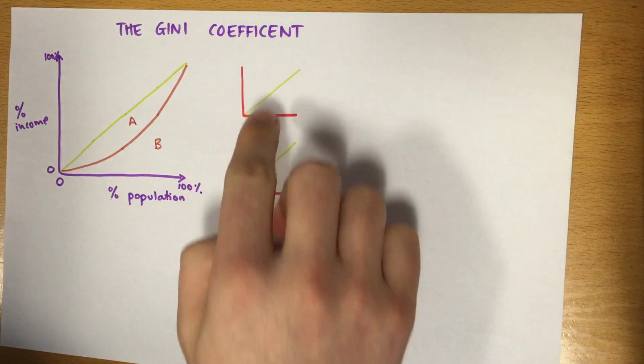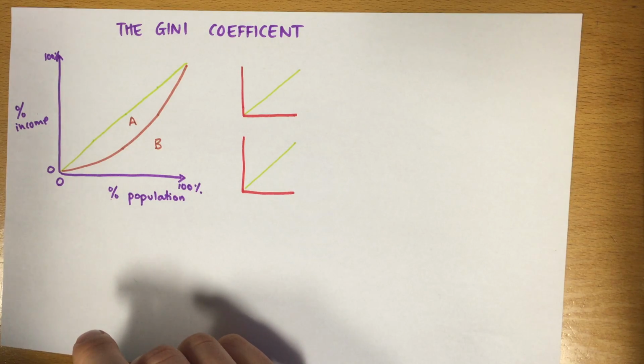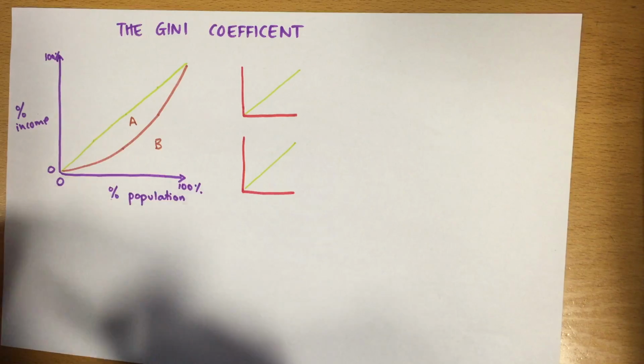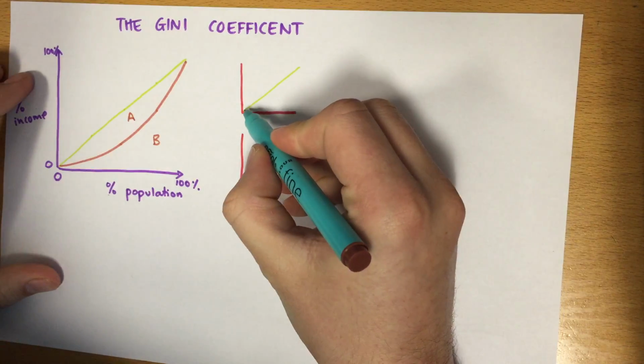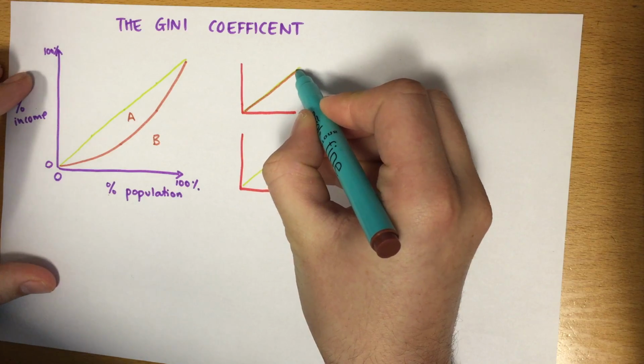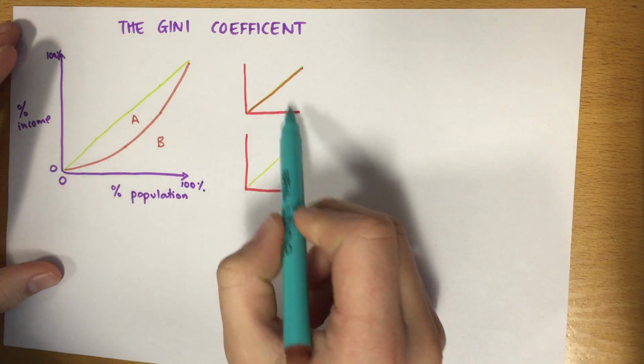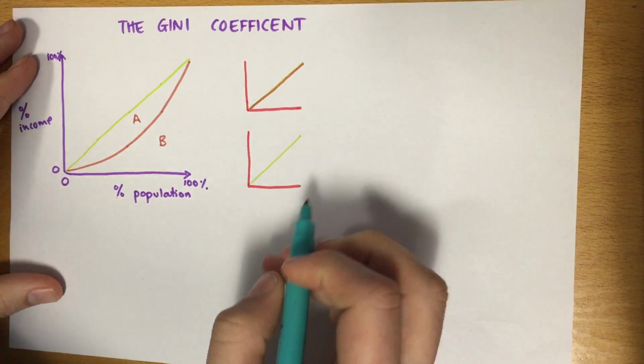So I've got here two hypothetical countries, and I've got two new lines that I'm going to draw on those. One line is going to be perfectly equal, so it's following that line. Okay, that's the 25% earn 25%, 50% earn 50%, 75% earn 75%.